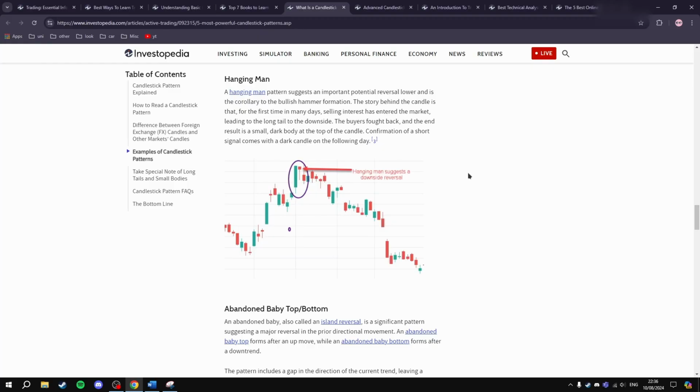The story behind the candle is that for the first day in many days, selling interest has entered the market, leading to the long tail in the downside. The buyers fought back, and the end result is a small dark body at the top of the candle. Confirmation of a short signal comes with a dark candle on the following day. So confirmation comes with a red candle the next day.